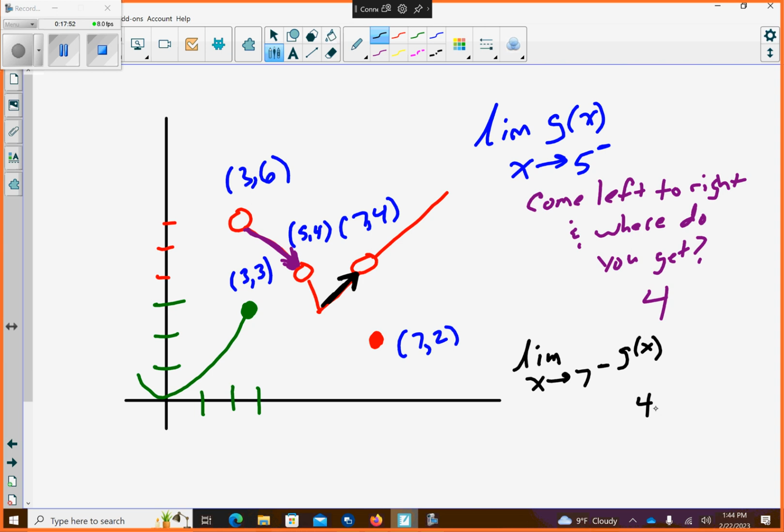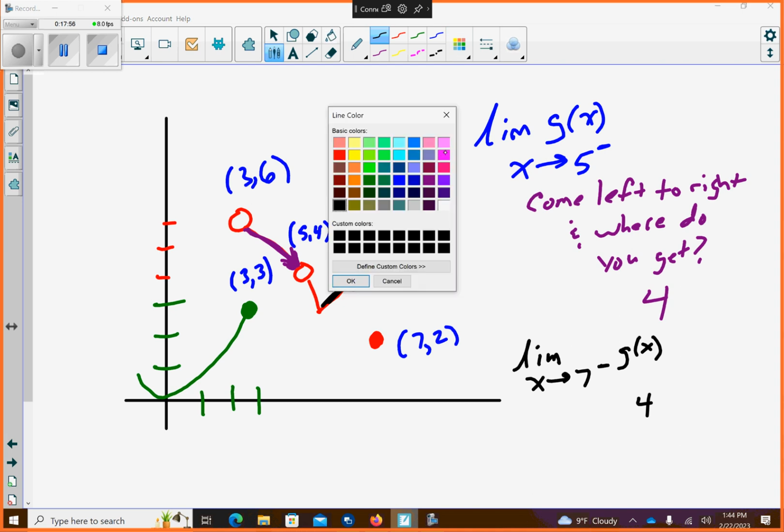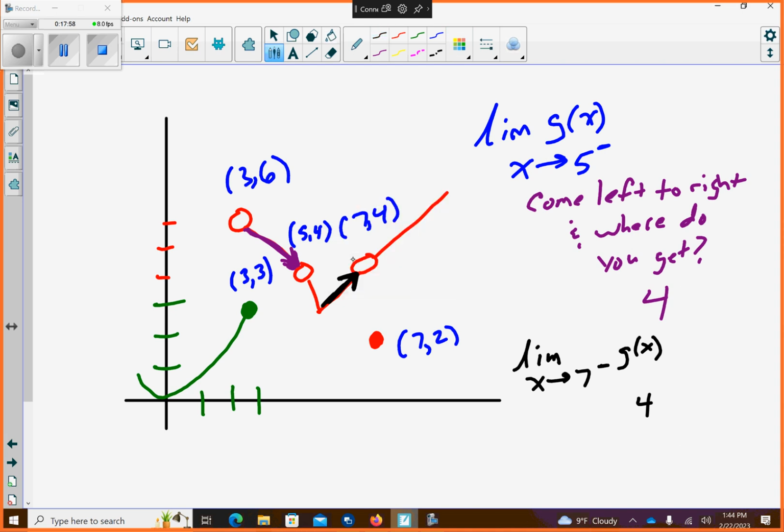Okay. So let's change colors. Let's go to, oh, that's a fun pink color. I like that one. All right, then we're going to say, the limit as x approaches 3 from the negative side, so going left to right, of g at x. So I'm coming right here.